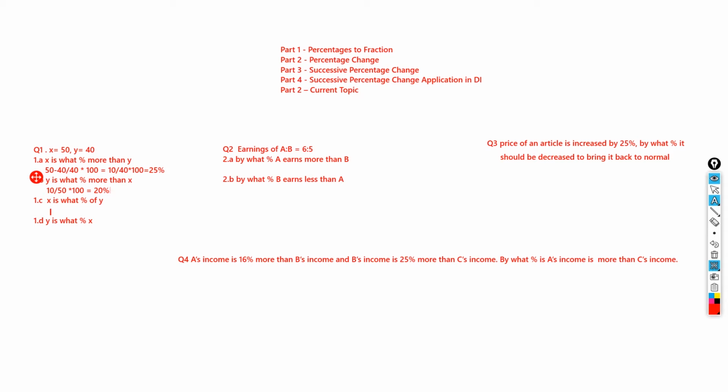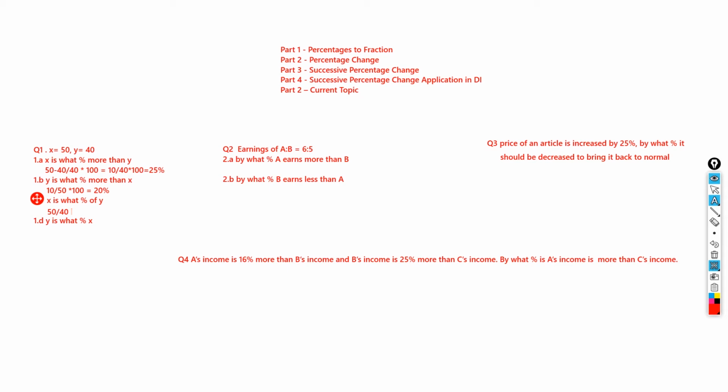Now the third question is, x is what percent of y. This is slightly different, because in the other two we had to calculate by what percent the first quantity is greater, and not what the first quantity is of the second quantity. So both are different. x is what percent of y, meaning x divided by 40, where the denominator is whatever quantity follows "of".